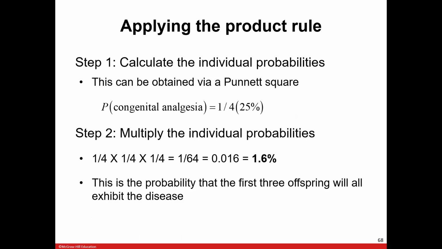But because each child is an independent roll of the dice, we have to go 1/4 times 1/4 times 1/4. That's 1/64, which is 0.016, or a 1.6% probability that the first 3 children will all exhibit the disease. So very low odds. If you only have a 25% chance on each kid, the odds that all 3 got the bad version are very, very slim.